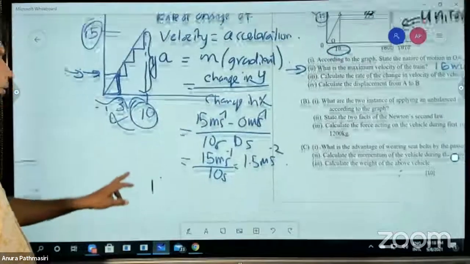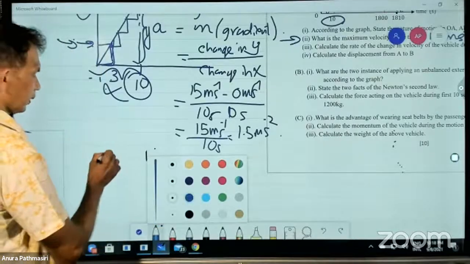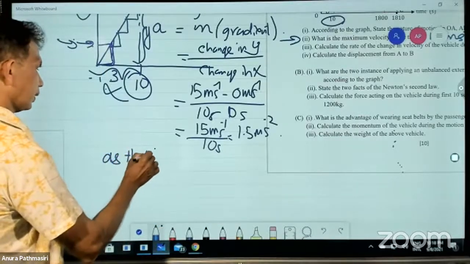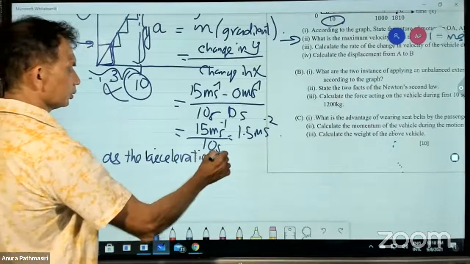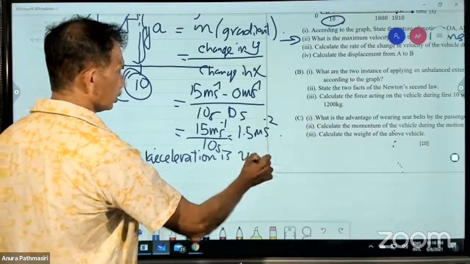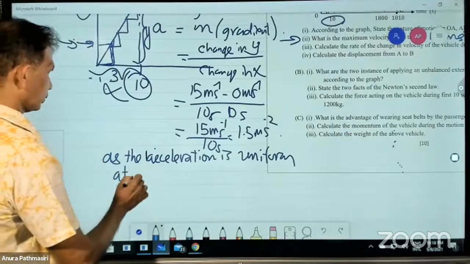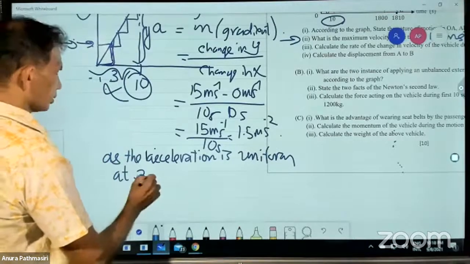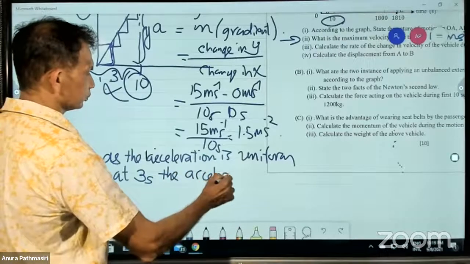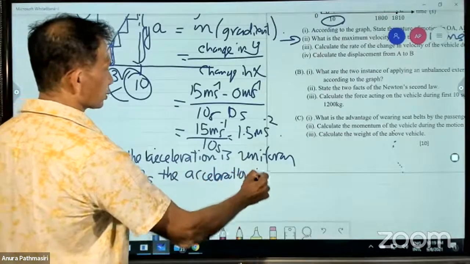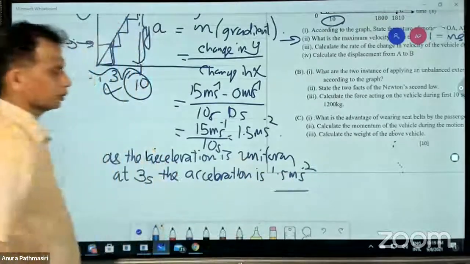But you are not going to stop there. You can write that the acceleration is uniform, at 3 seconds the acceleration is 1.5 meters per second squared.